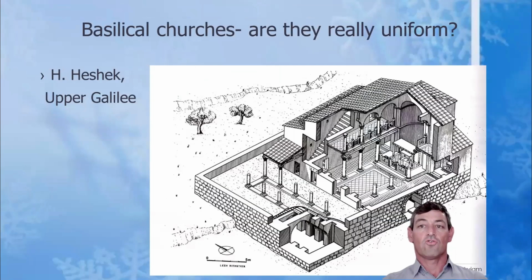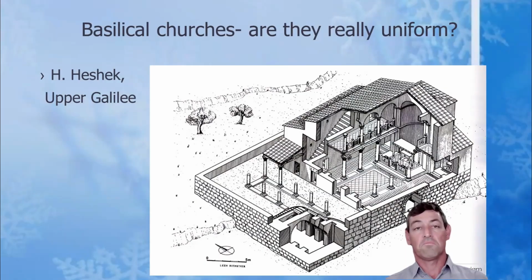Basilical churches are mostly considered to be rather uniform, with minor regional varieties. But we know that Christianity within itself was very divided. So how can it be that all basilical churches look alike when the differences in religion inside Christianity are major?